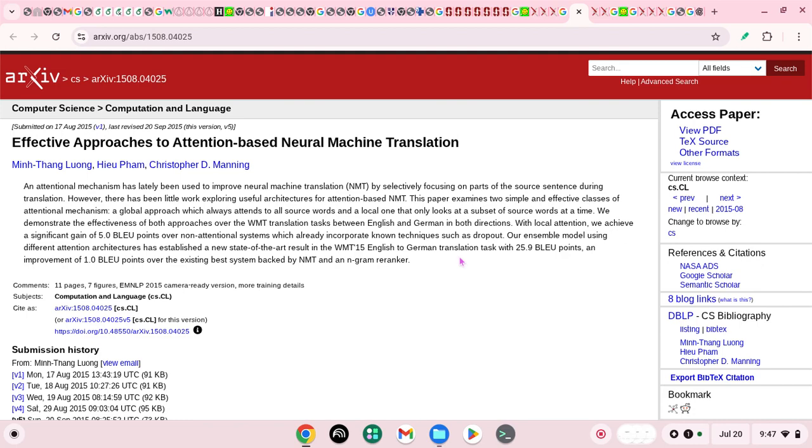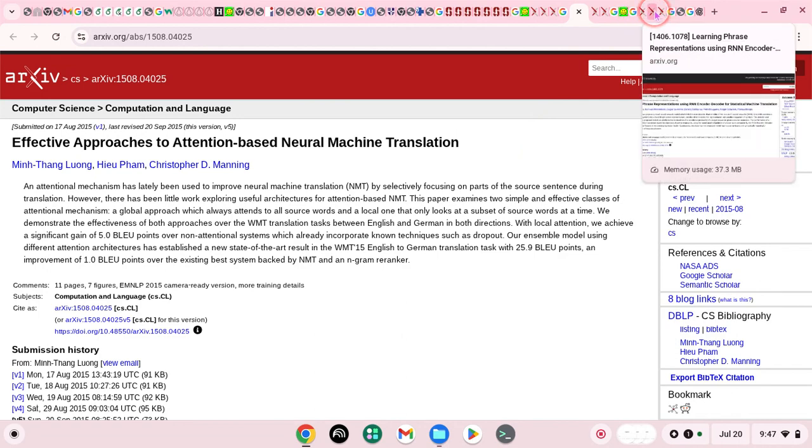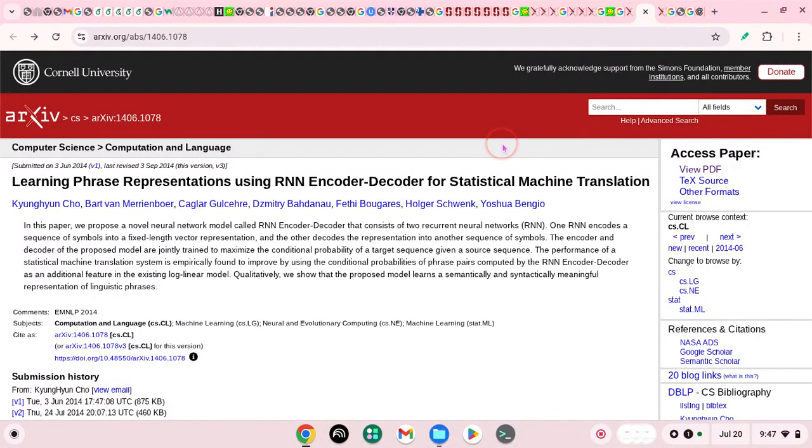Neural machine translation is also a particular architecture introduced in a paper called Learning Phrase Representations using RNN Encoder-Decoder for Statistical Machine Translation. This neural machine translation architecture, a special deep learning architecture for natural language processing, involves an encoder-decoder mechanism using RNN.